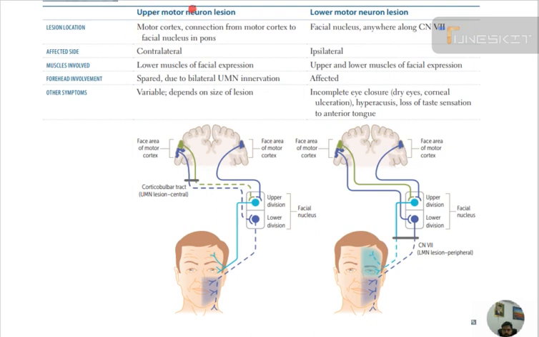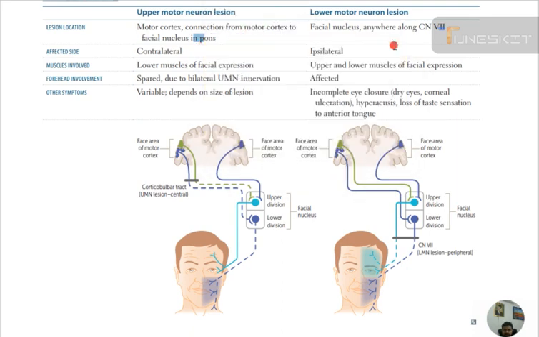In upper motor neuron lesion, the lesion is located in the motor cortex or the connection from the motor cortex to the facial nucleus in the pons. This is the connection where the lesion can occur.